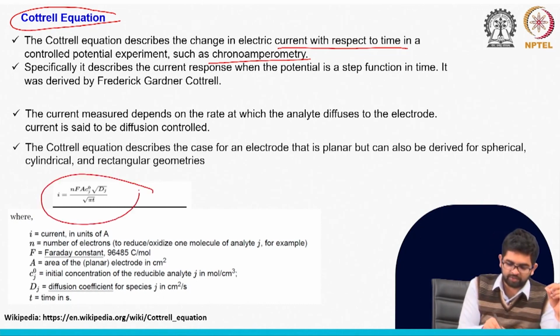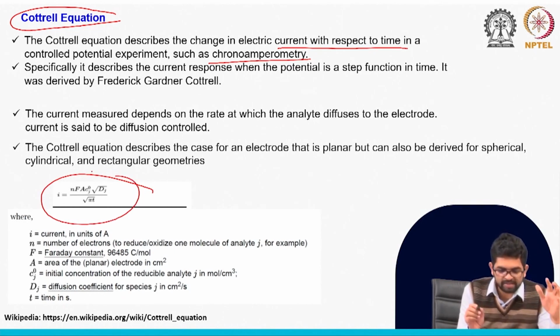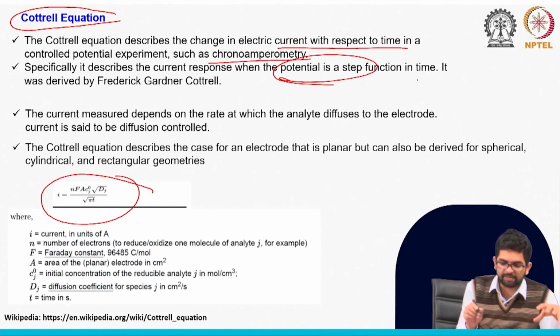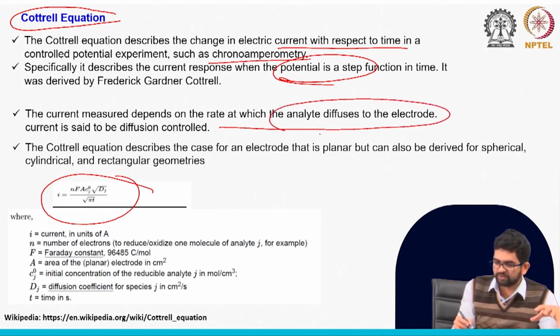So this is the Cottrell equation. It basically describes the current response when we apply a potential in a measurement. The current measured depends on the rate at which the analyte diffuses to the electrode.